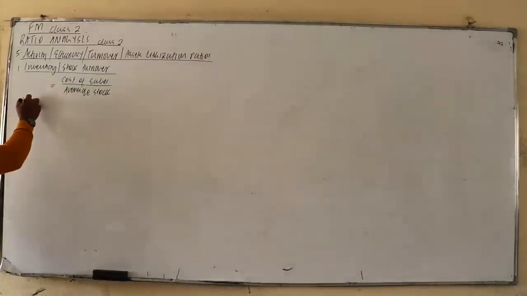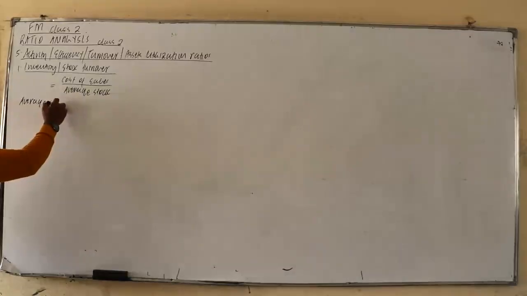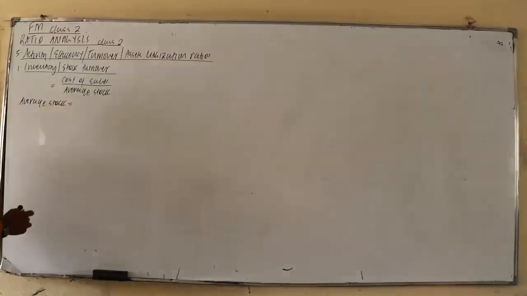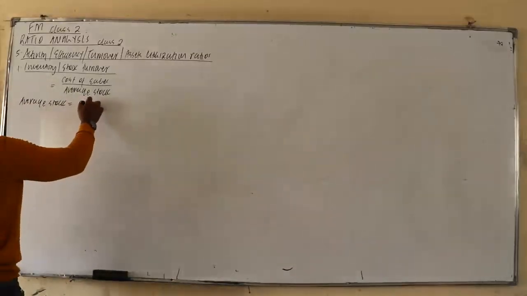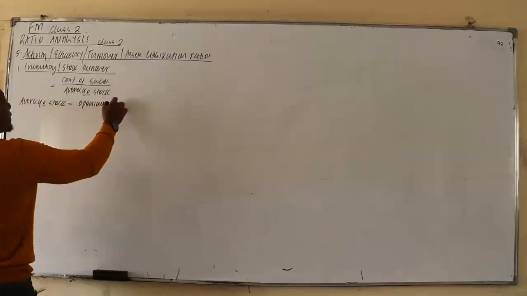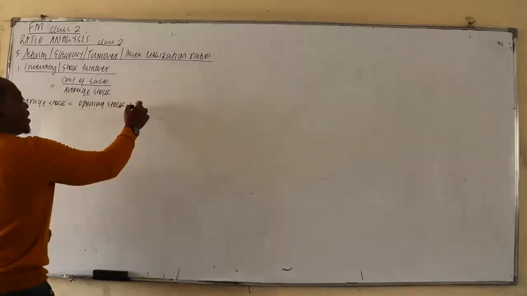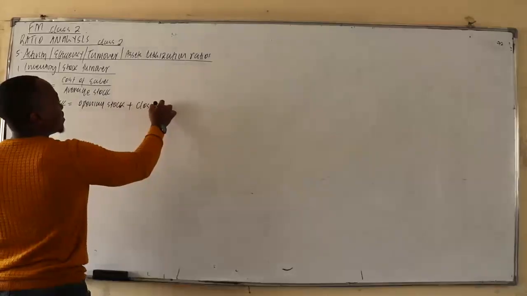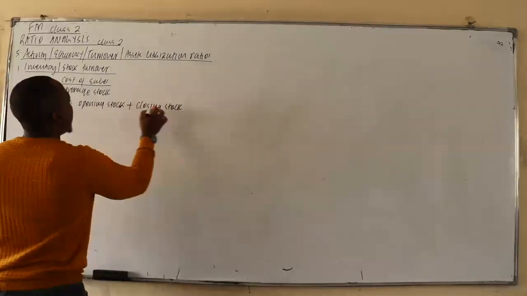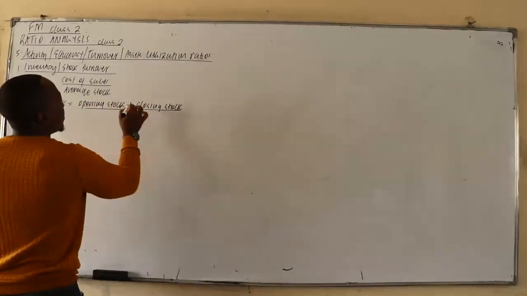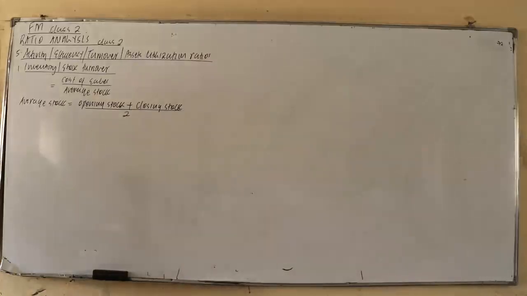And how do you determine the average stock? To determine the average stock, we take the opening stock, then add the closing stock, then divide by 2.